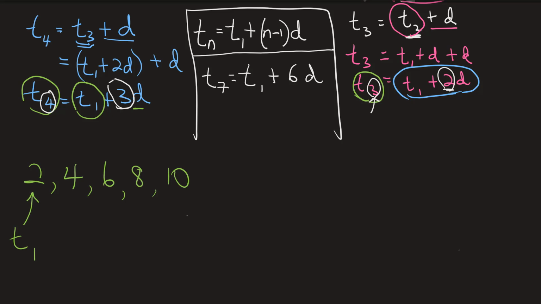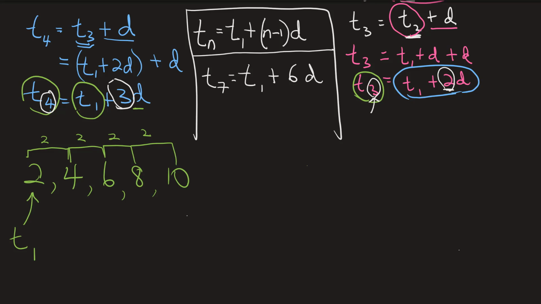So T1 is equal to 2. And I also need the common difference. So common difference is going to be 4 minus 2, which is 2. And I did say this was an arithmetic sequence, so we know that the difference, if we checked, is always going to be 2.